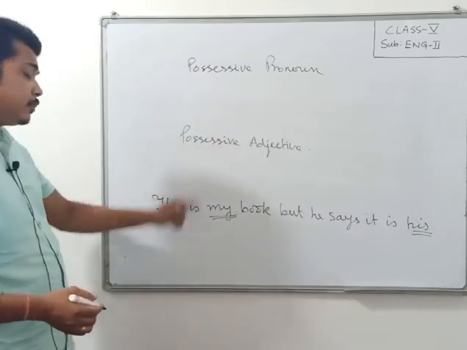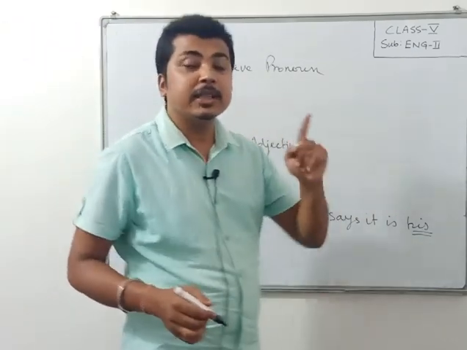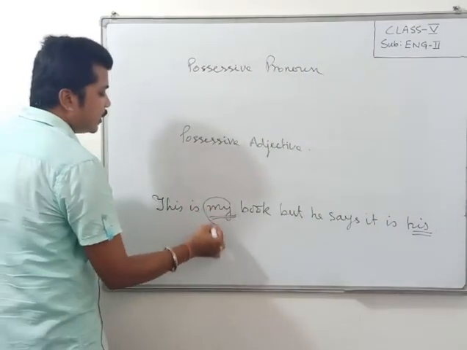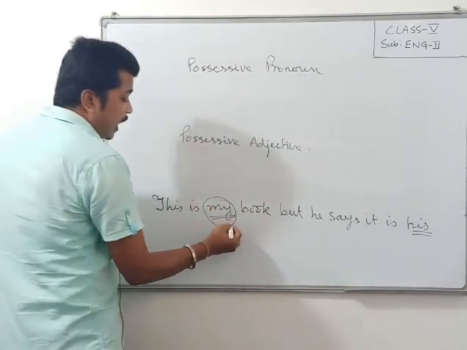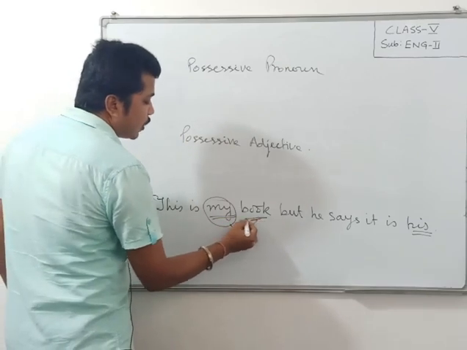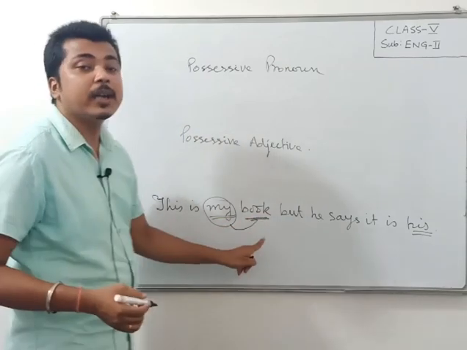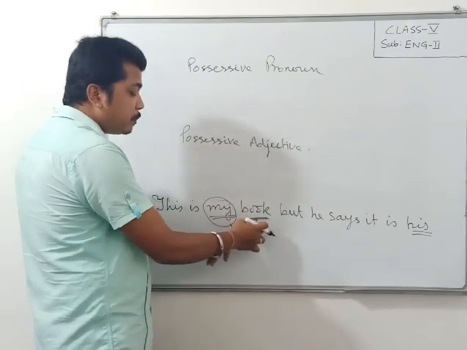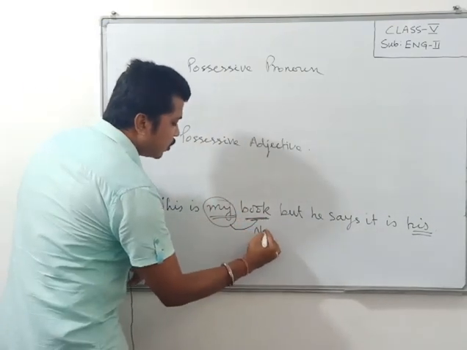Now dear student, adjective means what? Adjective tells more about noun. Now you see this pronoun. After this pronoun, what word is it? Book. Book is what? Noun. That means if any pronoun is placed before a noun, yes or no?